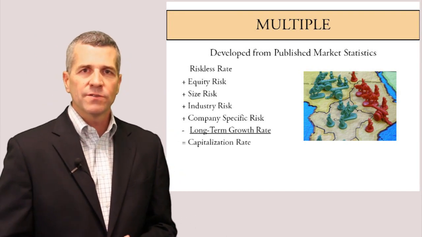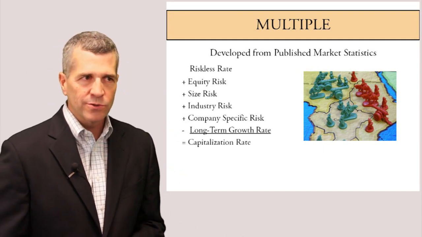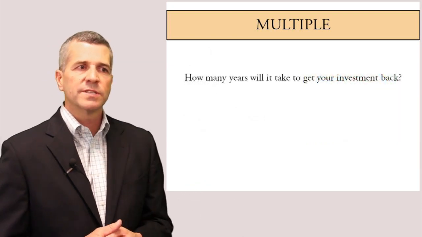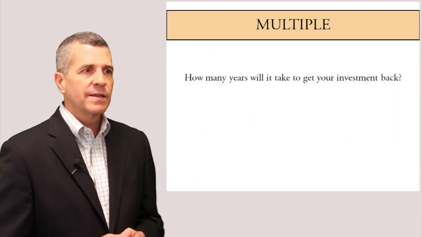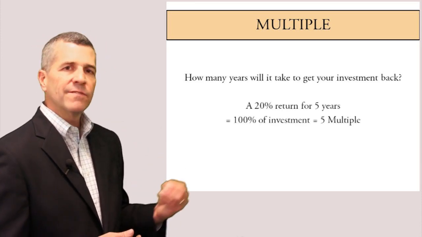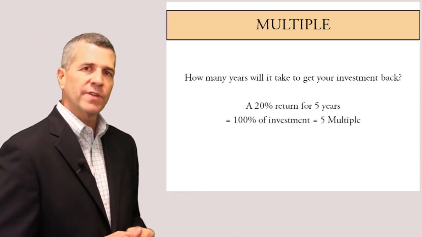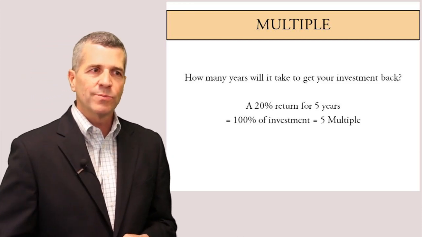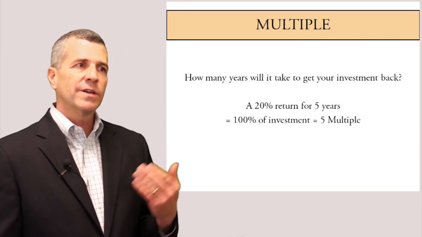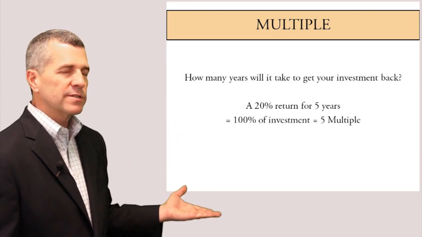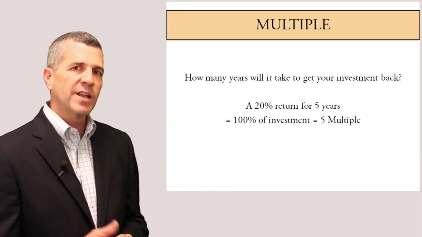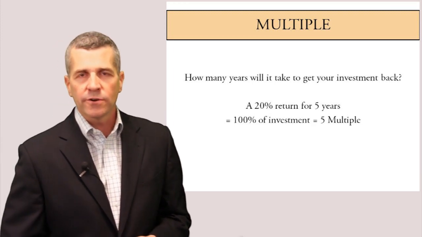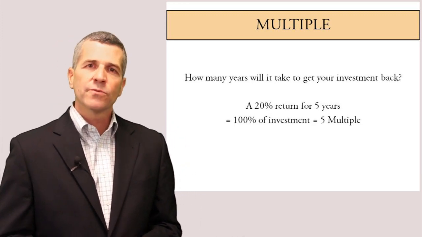The capitalization rate is essentially the inverse of the multiple. So we look at how many years it will take to get your investment back. If you're getting 20% of your investment back each year, that's 5 years, then it's a 5 multiple. If we developed the capitalization rate, the rate of return requirement, and it came up 33%, then it takes 3 years to get your investment back, then it's a 3 multiple.